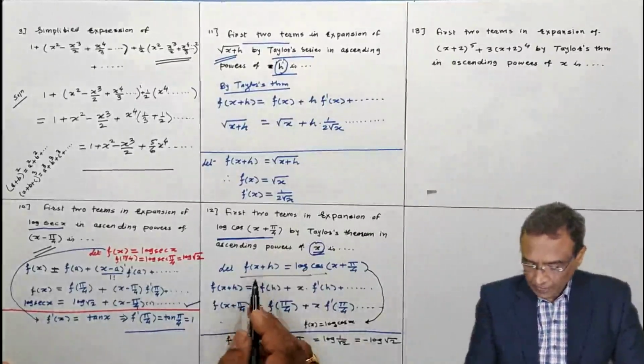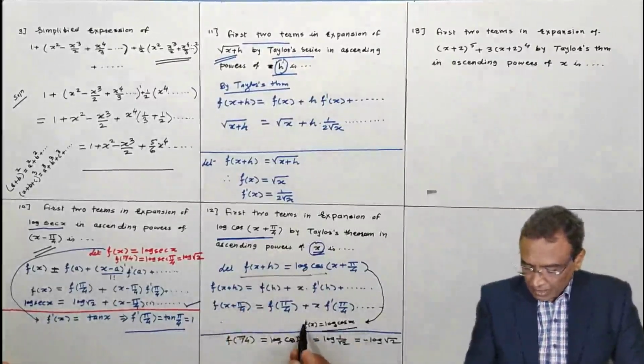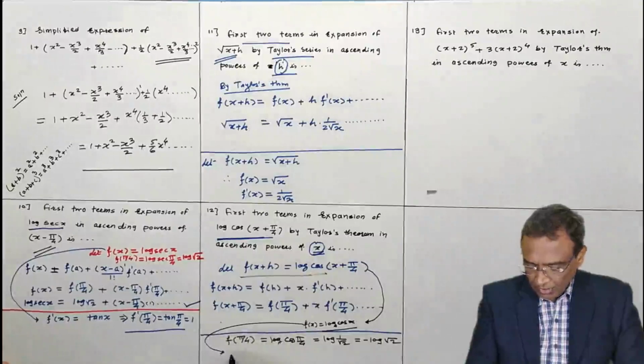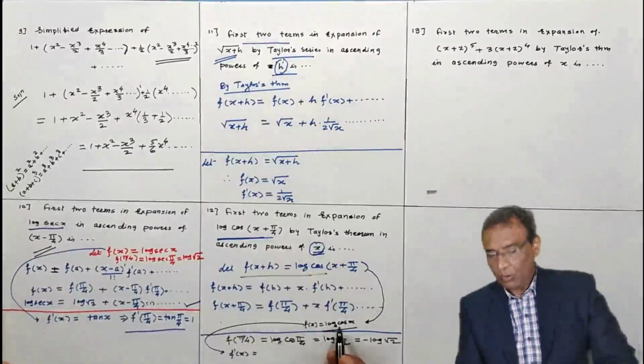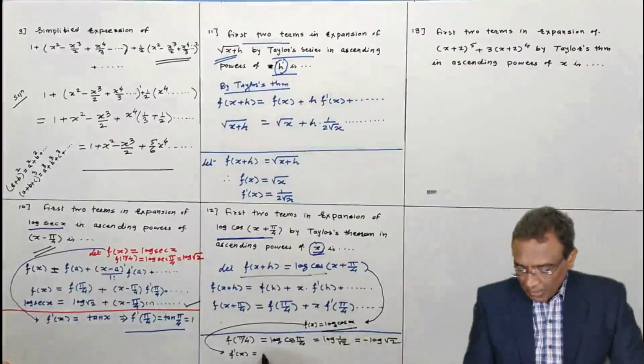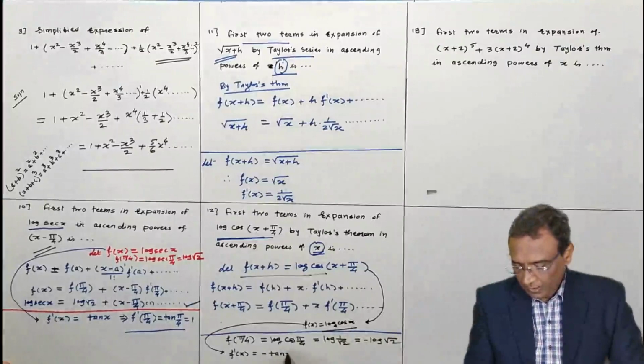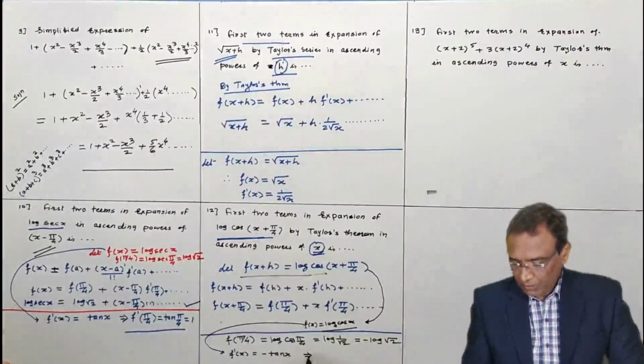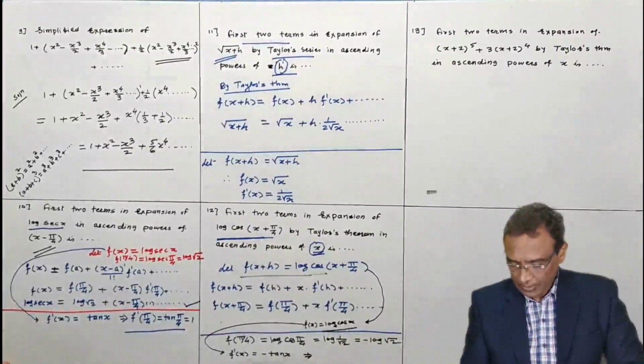What is f of x? f of x is this one. Take derivative of f of x, f dash x. Derivative of log of cos x is what? Yes, it is minus tan x.